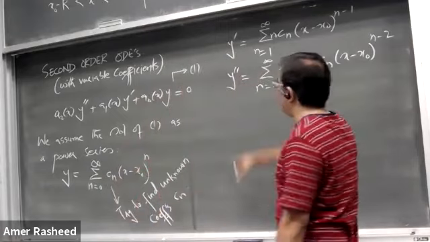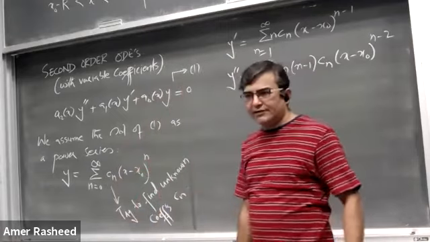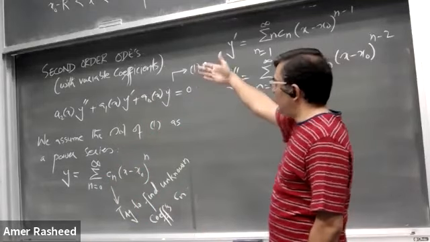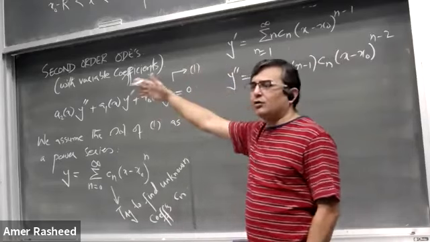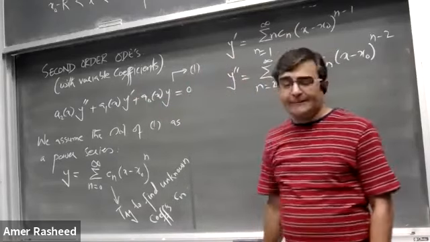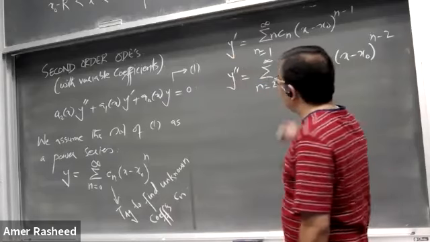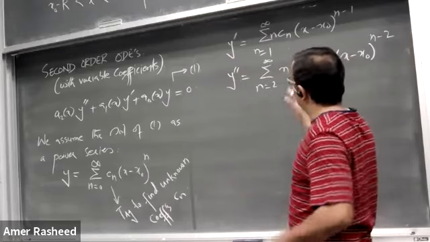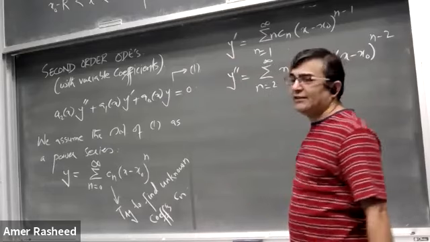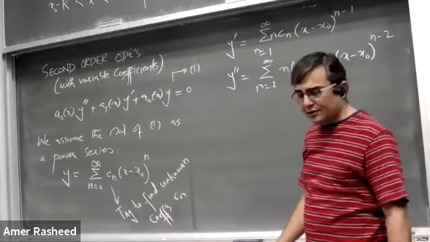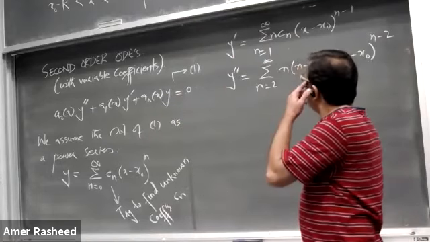Let us do these things with the help of an example first, because here the things are unknown. a2 is unknown, a1 is unknown, a0 is unknown. This will complicate our computations here. So let us do these things with the help of a particular example of a second order differential equation.